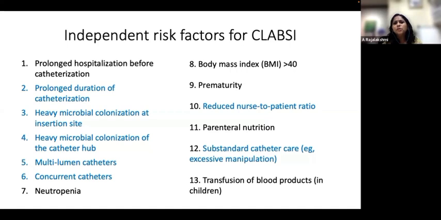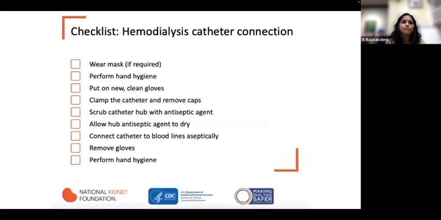Then, if you use substandard catheter care, excessive manipulation, often touched and lying around without a cover, all this will increase your risk factors for CLABSI. So all these are modifiable and should be practiced and followed at every patient and catheter access.